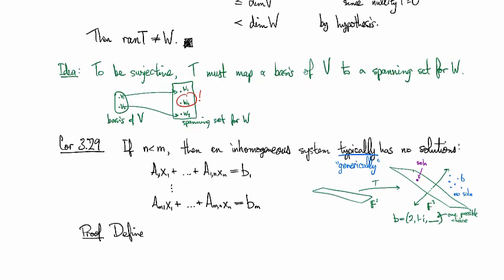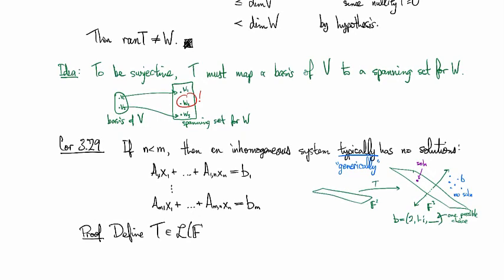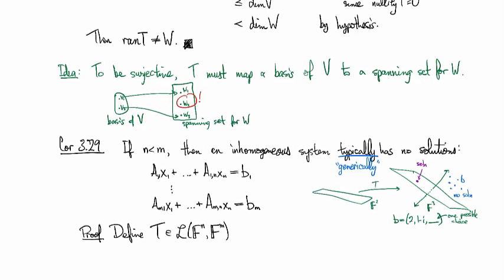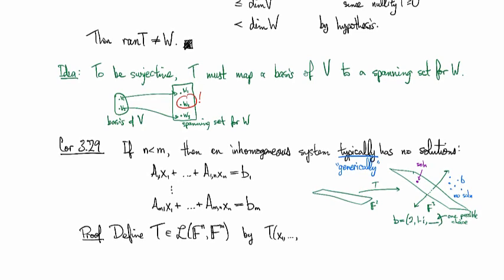So, and again, we're going to prove it by exactly the same means. We will convert this into a question about linear maps because that's what we have information about. And we will define the linear map in exactly the same way that we did before.